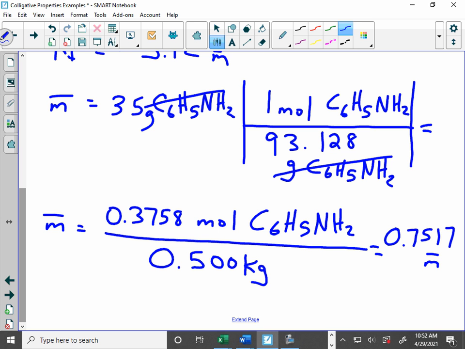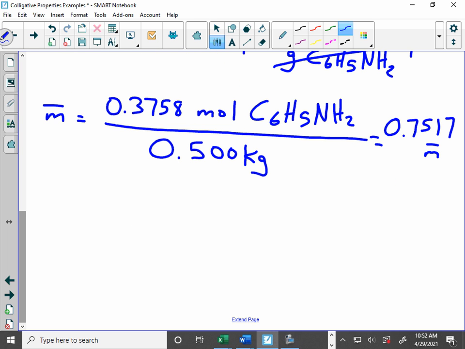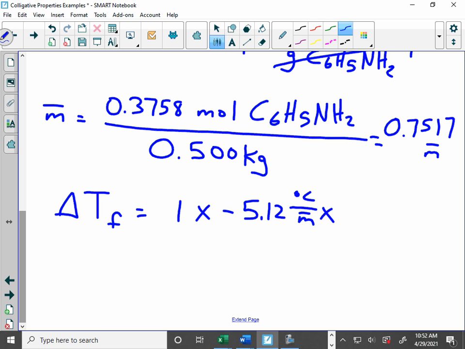So now I have everything I need to calculate my change in the temperature of freezing point: my Van't Hoff's factor, my freezing point depression constant, and then my molality.